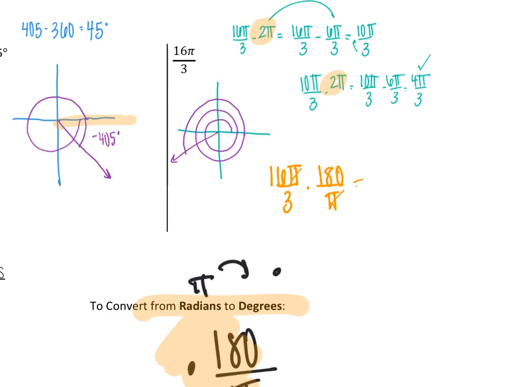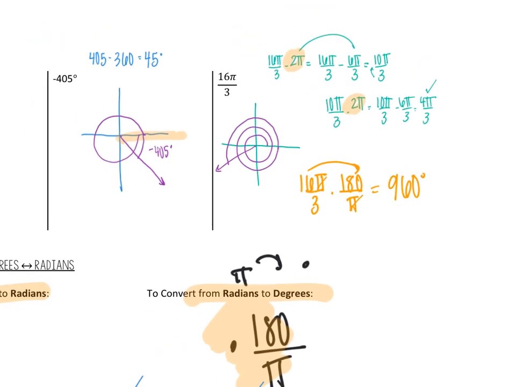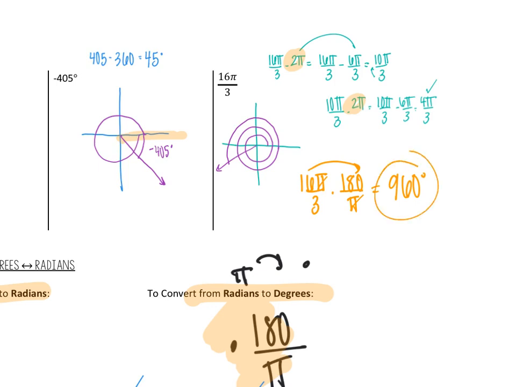The pi's will cancel. You'll multiply straight across, 16 times 180 divided by 3, and you get 960 degrees. Then you can keep subtracting 360 to see how many times you need to go around the circle and see what is left over. So that's another way to take that 16 pi over 3 and map it out on the unit circle.